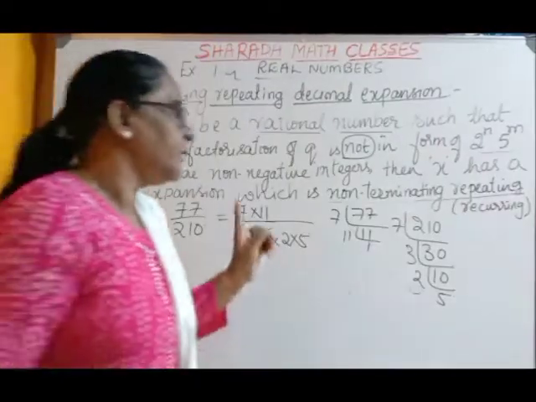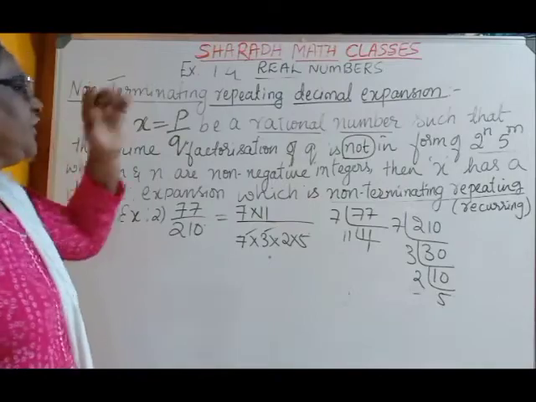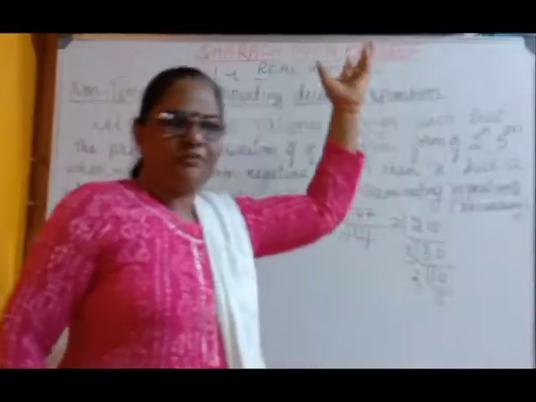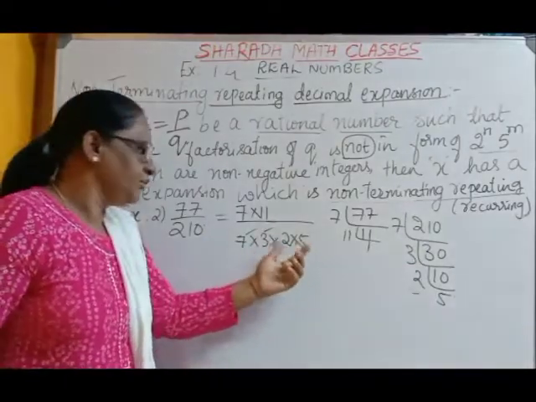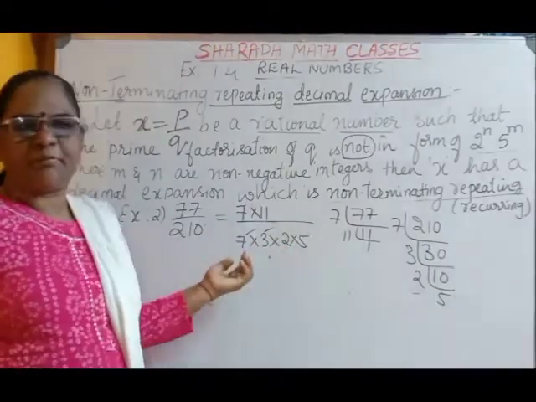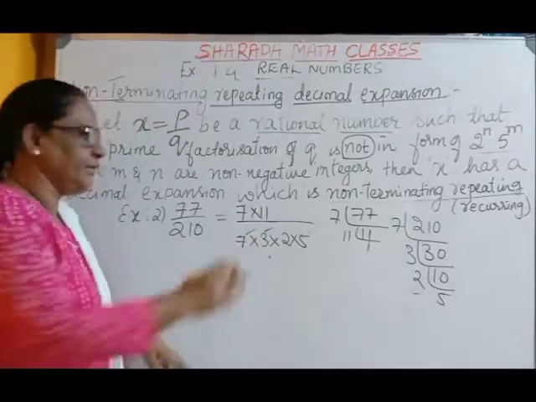Is it not? So according to the definition, if it is having only 2 and 5, it is terminating. See here, along with 2 and 5, you have some other factors also, like 3 and 7.